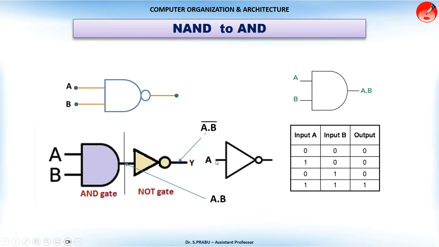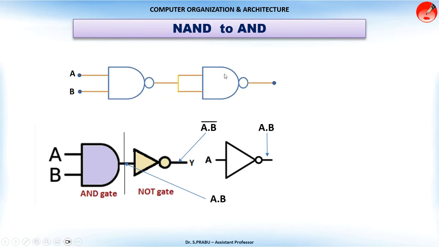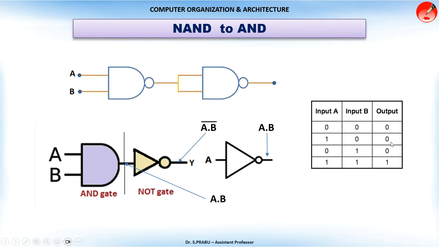If you connect one more NOT gate at the end, you get the inverted output like this. So these two bars cancel, and you get A dot B. So you can connect the NOT gate here. We already know the NOT gate can be designed by a NAND gate like this. So you get the AND gate output from these two NAND gates connected in this way.